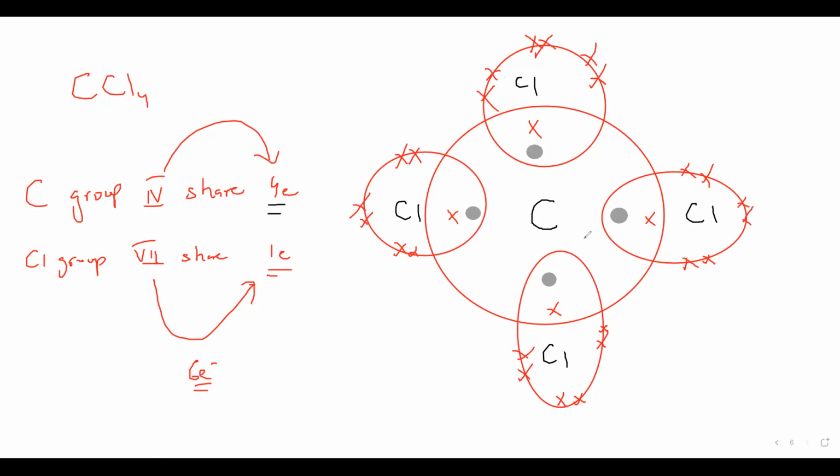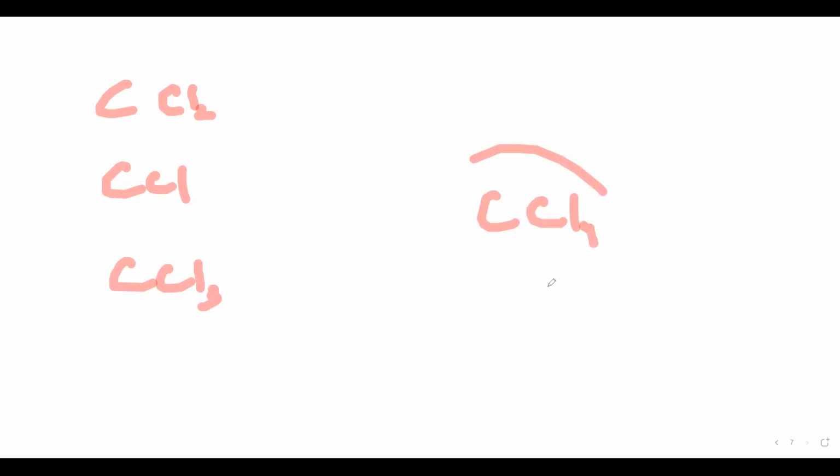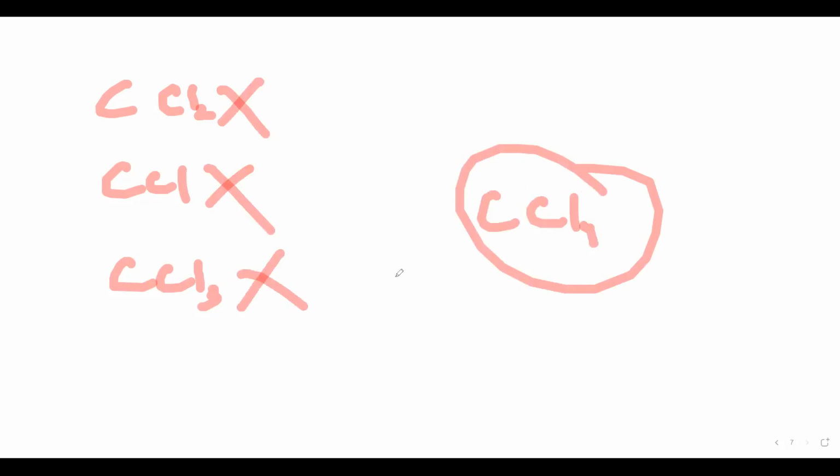No, you cannot have CCl3, because the structure should be complete. I cannot have CCl2, I cannot have CCl, I cannot have CCl3, I will only have CCl4, because the others will not make the complete structure. That's why not all structures are possible; atoms combine in a fixed, definite proportion to form a specific compound.